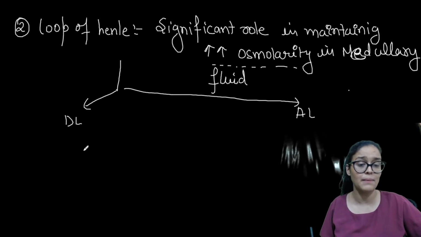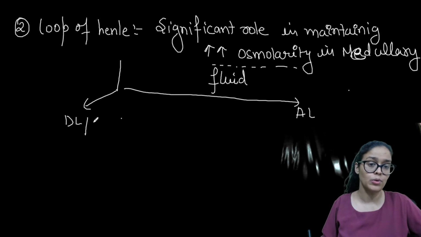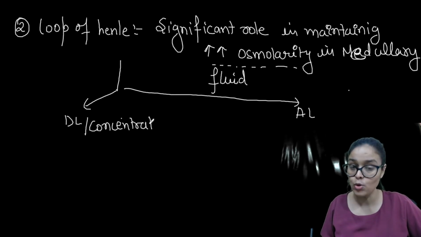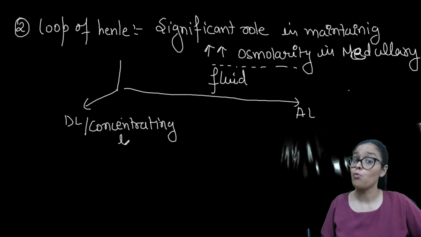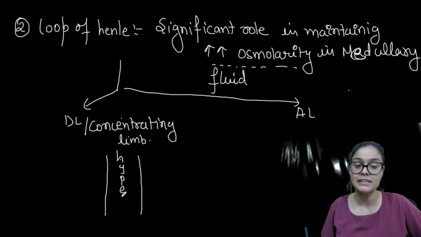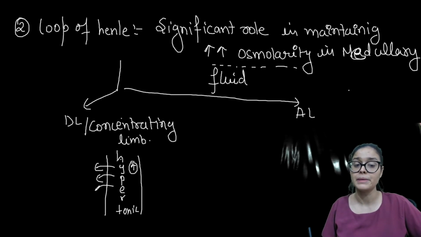So when we talk about the descending limb, remember, the descending limb is also known as the concentrating limb, because I have told you this limb is water permeable, right? And when it is water permeable, what will happen in this condition? A hypertonic condition will form inside. I'm pretty sure you know what hypertonic is: highly concentrated. Why? Because it is water permeable.